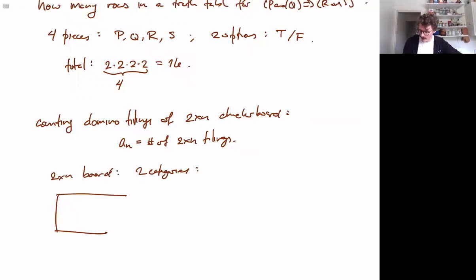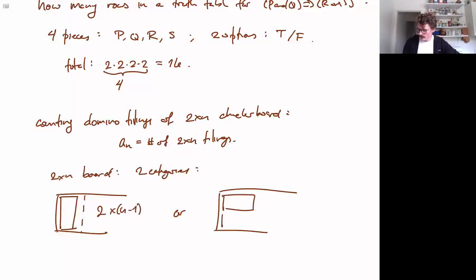So either you can have a domino that sits like this and leaves a 2 by n minus 1 board, or you can have 2 dominoes which sit like this and leave you with a 2 by n minus 2 board.